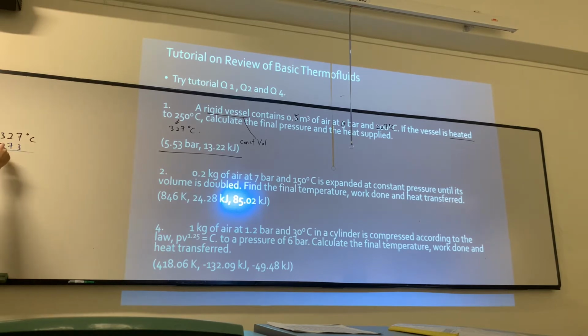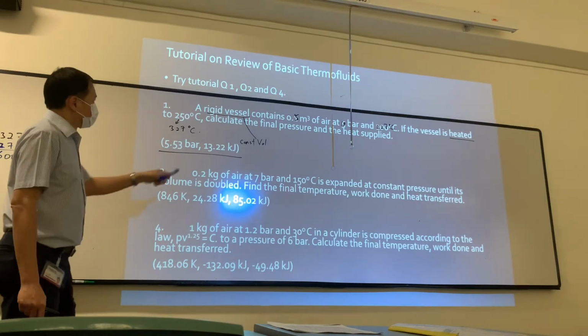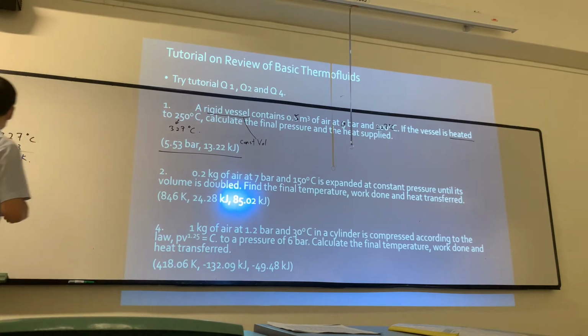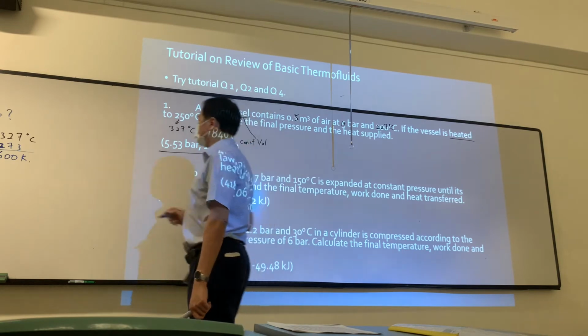This is 600 Kelvin. Calculate the final pressure. Is this P2? What is this P2 here? Calculate the final pressure and the heat supplied, Q.